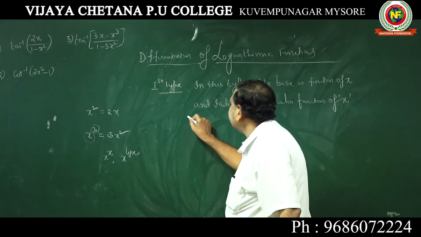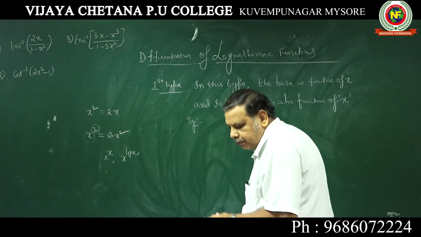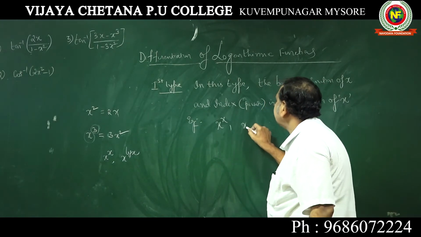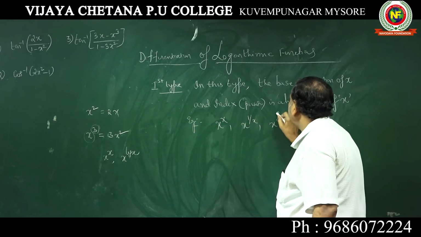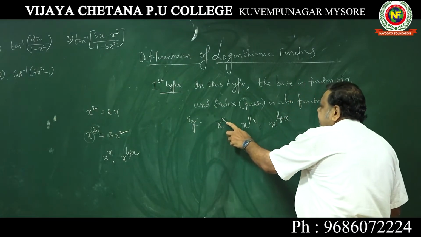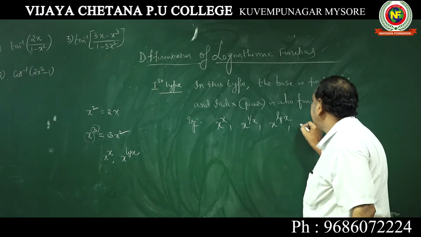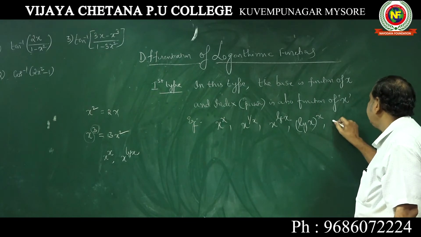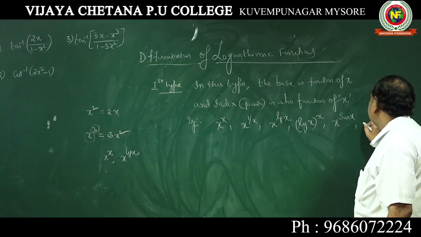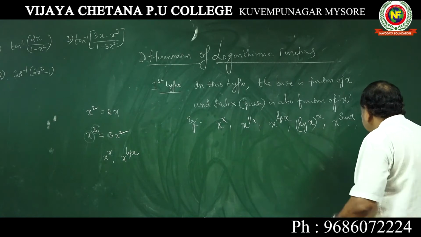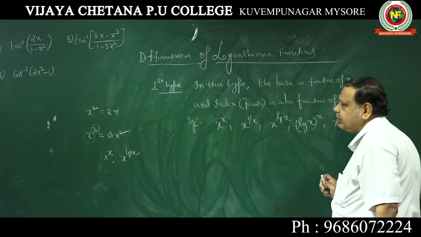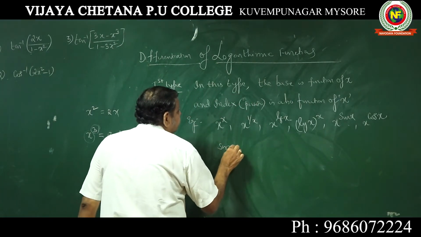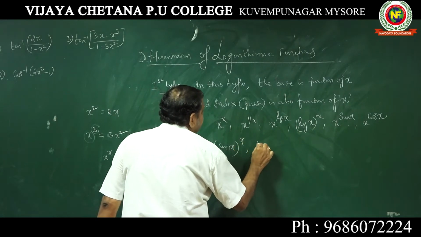Examples you can take down, first type only I am doing; the second type we will come to later. Examples are x to the power of x, x to the power of 1 by x, x to the power of log x. See here, this is also a function of x, and this is also a function of x. Log x to the power of x, then x to the power of sin x, x to the power of cos x. These are all called logarithmic functions. Here also a function of x, here also a function of x. Sin x to the power of x, tan x to the power of x.